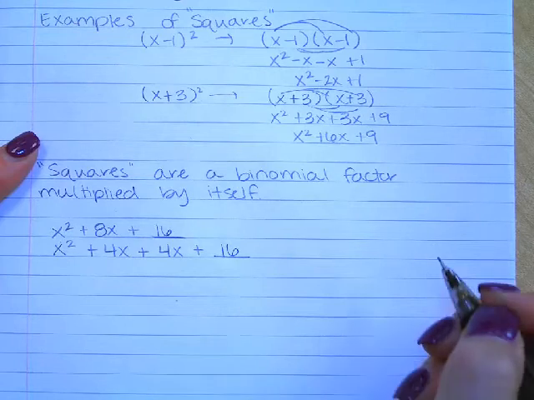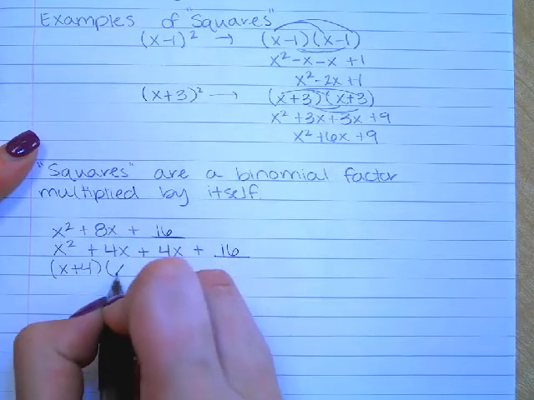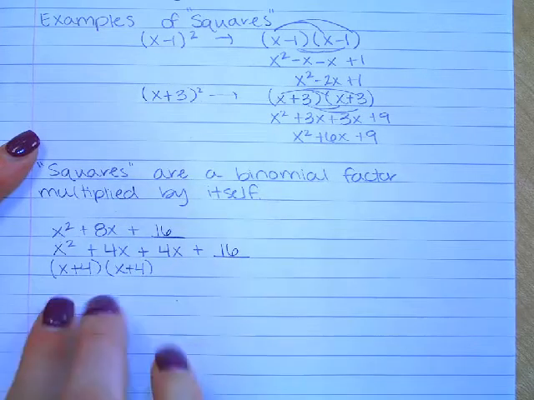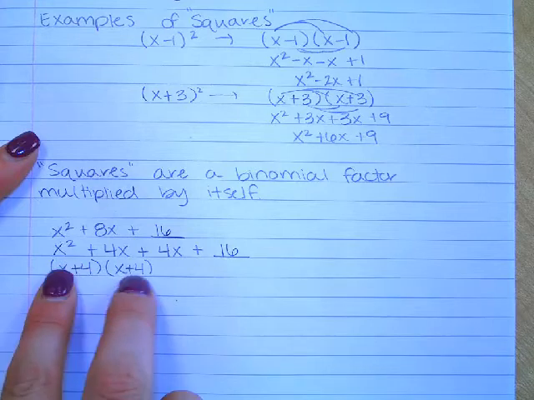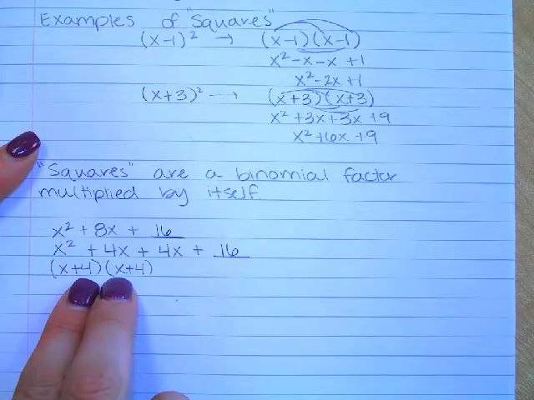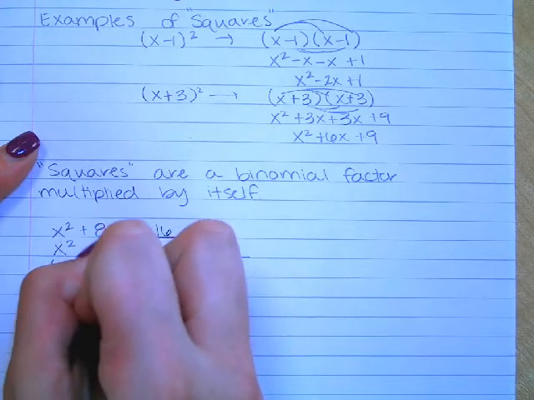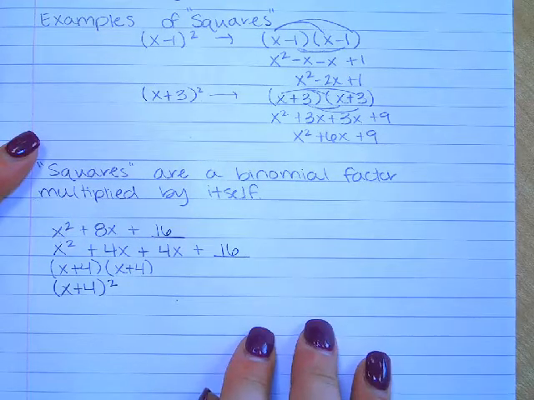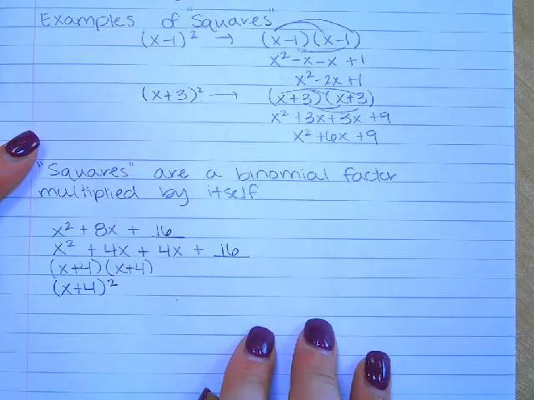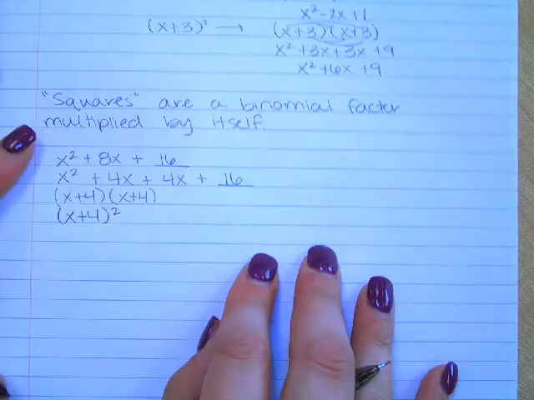And then if we backtrack a little further, that tells us that this would have been x plus 4 times x plus 4. That's what they would have FOILed to get to that. So we would have had x squared, x times 4, 4 times x, and 4 times 4. And so written as a perfect square, this is x plus 4 squared. So we complete the square by adding 16, and we would say the completed square is x plus 4 squared.